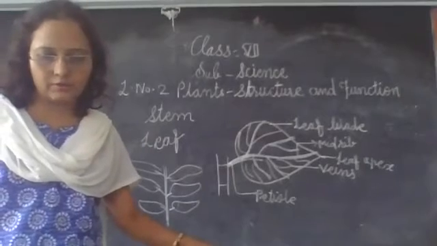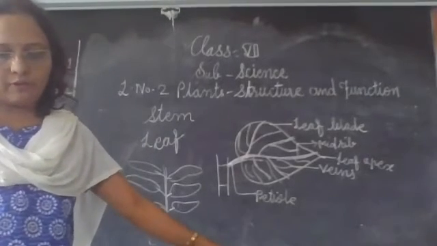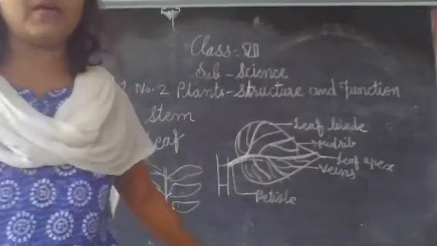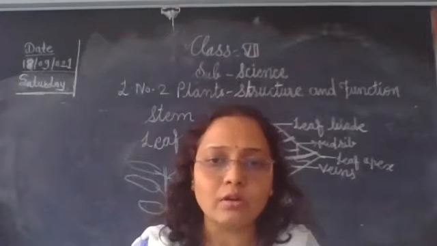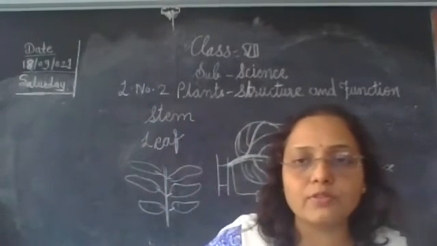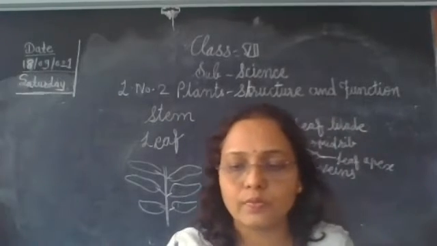So many leaves are there. Simple leaf and compound leaf are the two main types of leaves. There are simple leaves, and compound leaves also occur. So there are two different types of leaves, simple leaves and compound leaves.